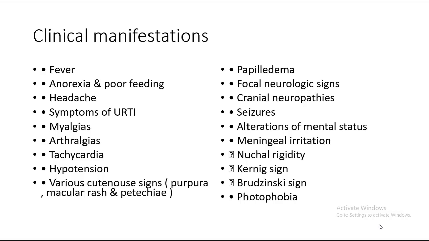Presenting features: headache, symptoms of upper respiratory tract infection can precede the onset of the illness. Myalgias, arthralgias, tachycardia, hypotension, these are signs actually. Cutaneous signs, especially in children with infection with Neisseria meningitidis. Papilledema, swelling of the optic disc. Focal and neurologic signs, cranial neuropathies.